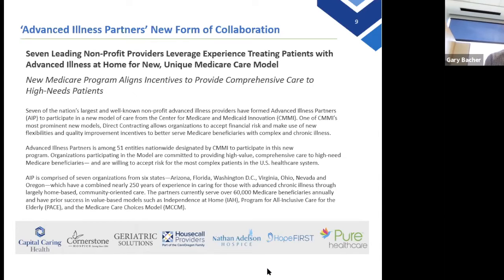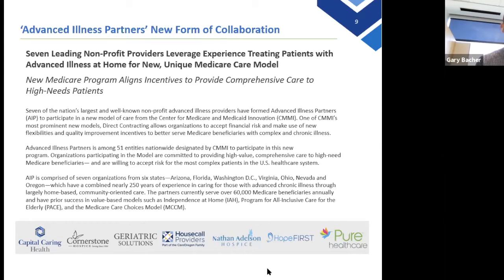In terms of AIP, as hopefully you can see on the slide, we are made up of 7 community-based nonprofit provider organizations, all of which provide a full continuum of care from the time that somebody develops complex chronic conditions or advanced illness all the way through end of life. All of our organizations provide primary care services, palliative care services, in-home supports, as well as hospice services.